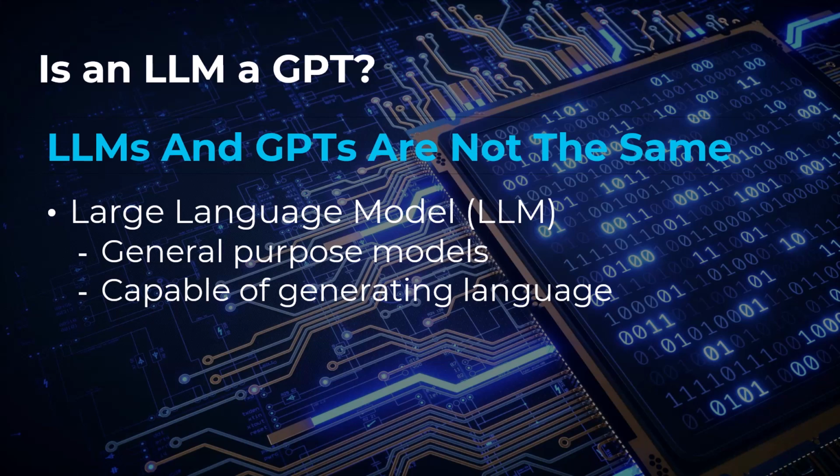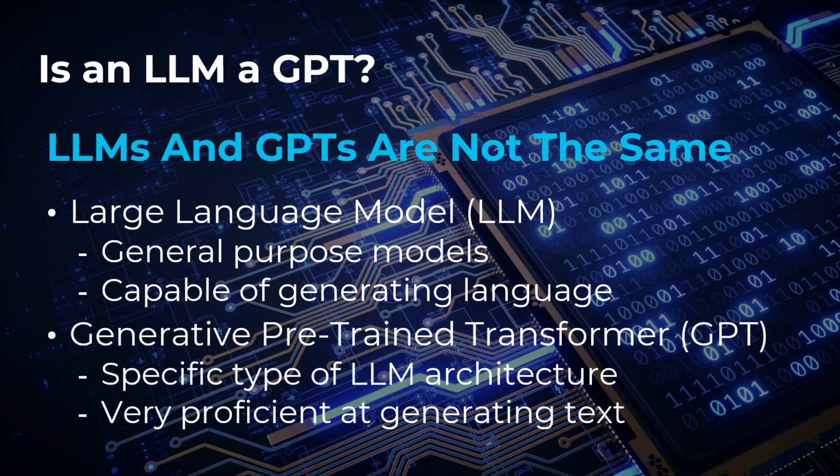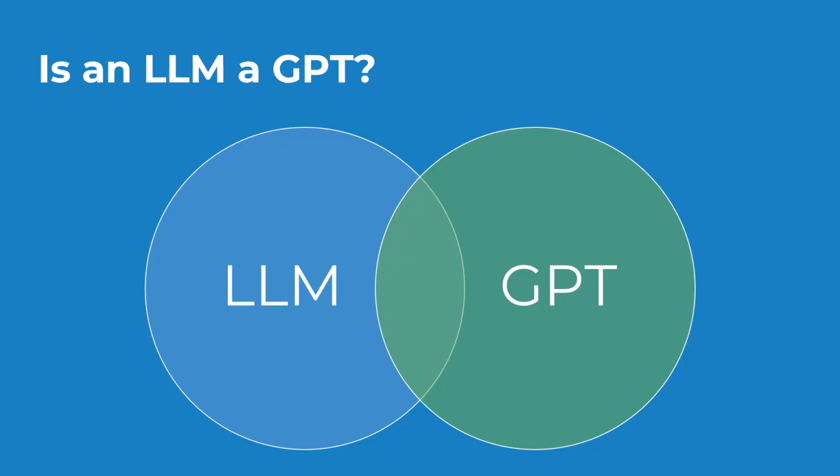On the other hand, a GPT, which by the way stands for Generative Pre-trained Transformer, is a specific type of LLM architecture developed by OpenAI. GPT models are known for their effectiveness in text-generating tasks, particularly due to their transformer-based architecture. Or, as a Venn diagram, we have this here.